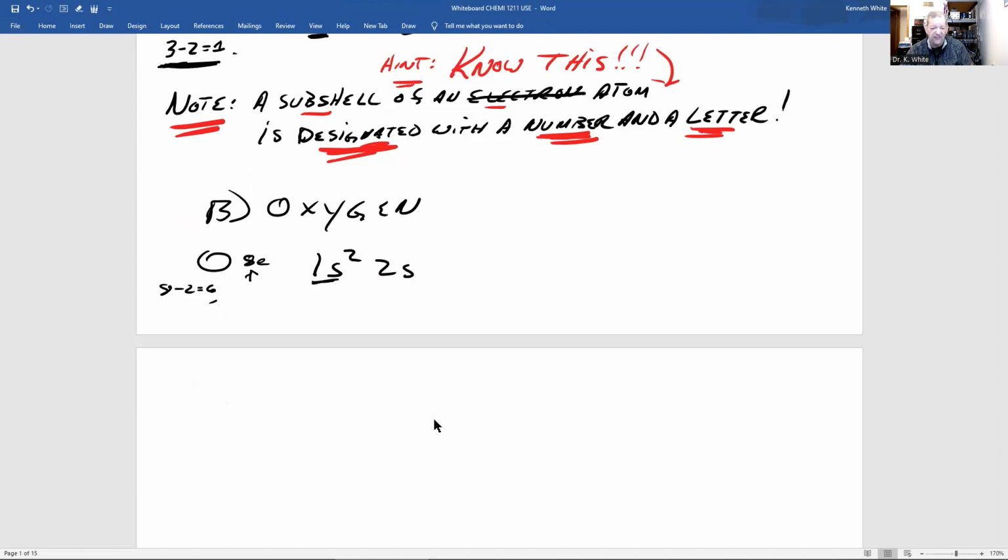I need 6, but in any s subshell I can only put 2 electrons. Well, I've done that. Now I have 4 spoken for, and 8 minus 4, I have 4 more electrons. Well, I can't put any more electrons in subshell 2s. So what do I do?